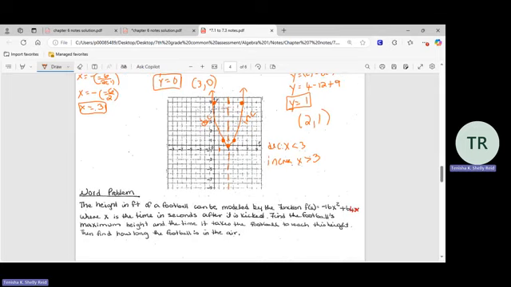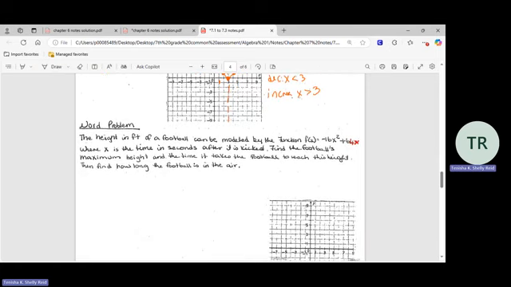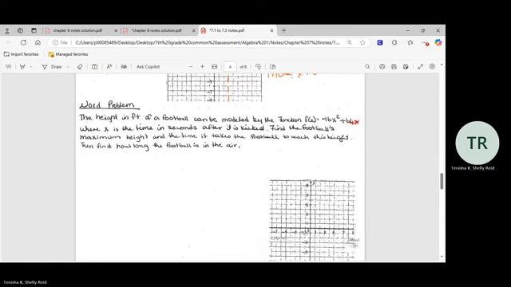All right, now let's put it in the context of a word problem. All the football players, this is very applicable. All right, so it says the height in feet of a football can be modeled by the function f of x equals -16x squared plus 64x.